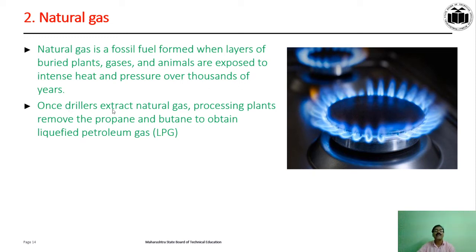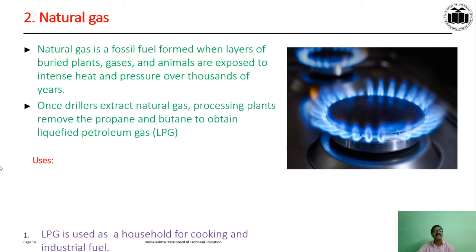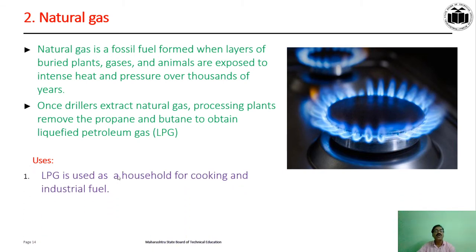Once drillers extract natural gas, processing plants remove the propane and butane to obtain liquefied petroleum gas. What are the uses of natural gas? LPG is used in households for cooking and as industrial fuel. LPG is also used as a fuel in vehicles for transportation purpose.